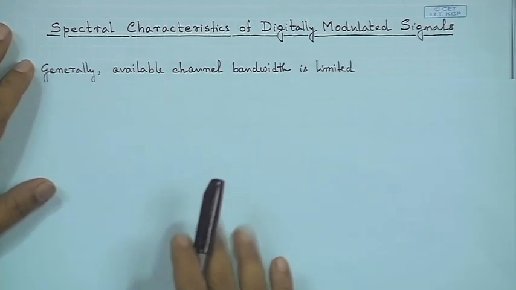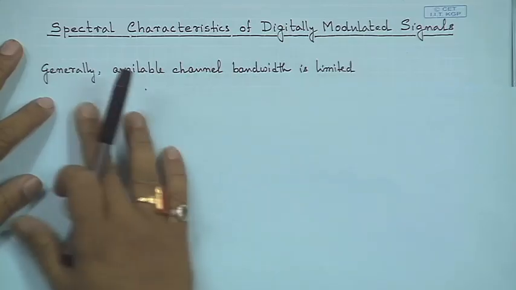So, when we talk about channels, we have been saying since the beginning that channels are all kinds of systems through which the signal propagates, and generally these channels are band pass channels. So, it allows a certain set of frequencies to go through and it does not allow certain set of frequencies to go through. So, usually channels are frequency selective. So, we therefore have that generally channels are limited in bandwidth, right.